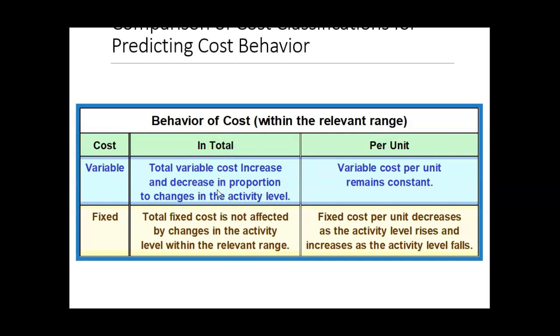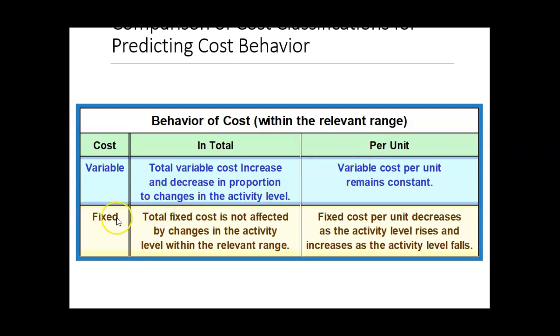So again, we go back to our parking meter. If I park there for 1 hour, I'll pay $1. If I'm there for 7 hours, I'm paying $7. But my variable cost per unit remains constant at $1 per hour.